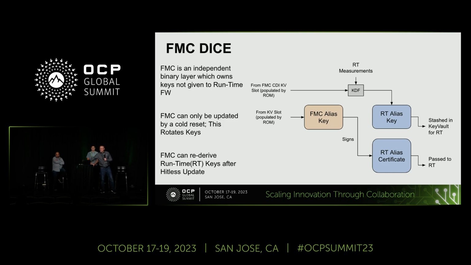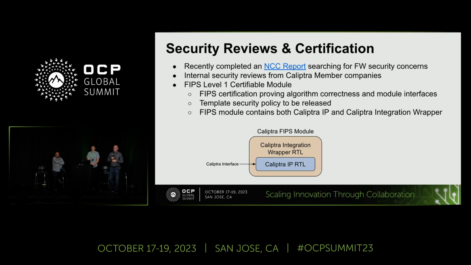I wanted to quickly go over some of the security reviews that we've done in Calyptra as a whole. We've recently completed an NCC review. They've gone through our ROM and firmware and looked for any sort of attack vectors that could be a concern, and we've published those findings online.